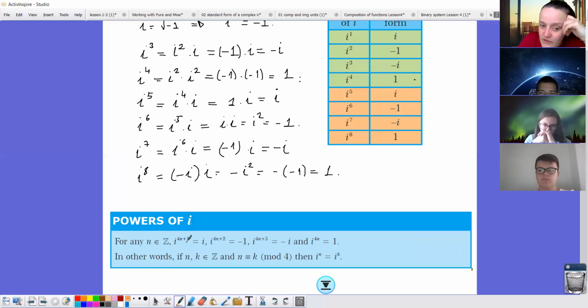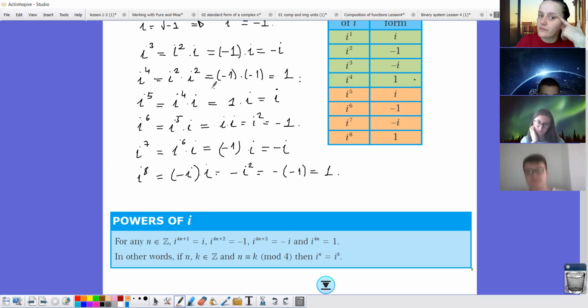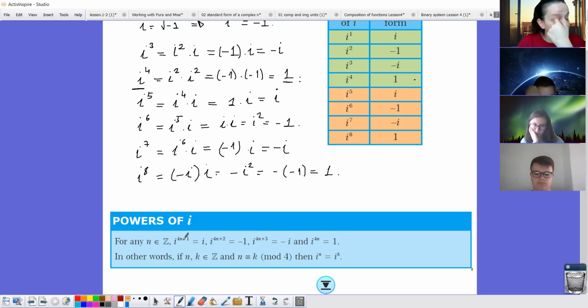Look what they want to say here. 4n is a multiple of 4. It repeats in every 4 units. You can remember from here that i to the power of 4 is equal to 1, so this part will already be 1 and only this part will be left.